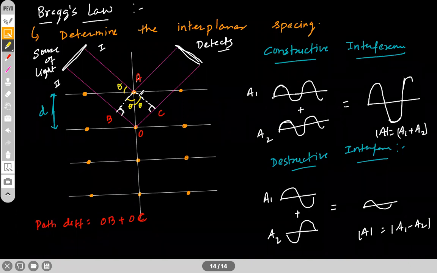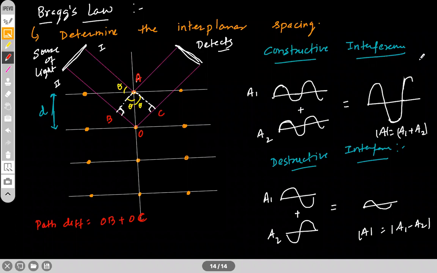Now, if the amplitude is 0, then the detector won't detect anything. Hence, to have detection over here, we must have constructive interference, and for constructive interference, the two waves must be of the same phase. So for Bragg's law, we take constructive interference.